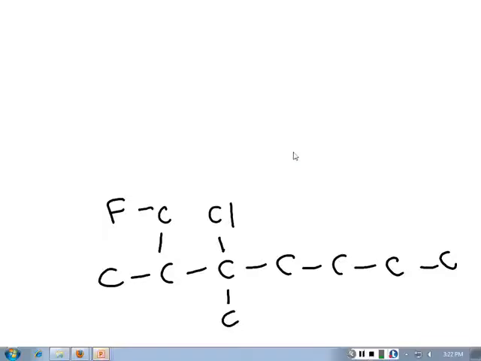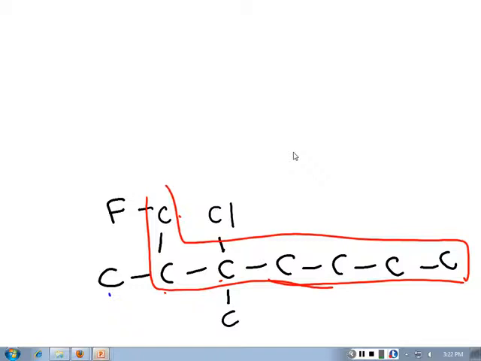Okay, let's look at the second one. All right, finding the longest chain may be a little tricky, but it looks like this is probably part of the longest chain. So 1, 2, 3, 4, 5, 6. Now we can either go 7 or 7. Now again, they're not going to be both the same because both these branches aren't the same. Again, we want the one with the least complicated substituents, the most substituents.